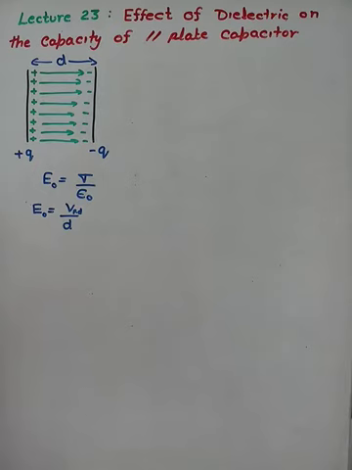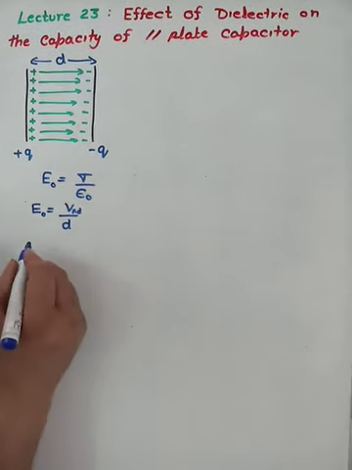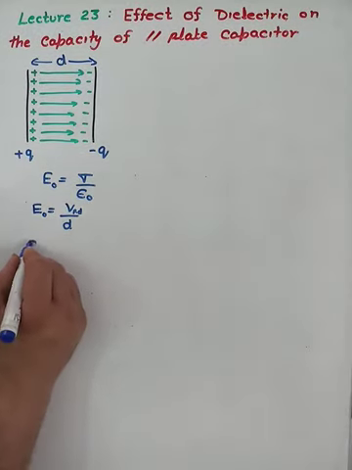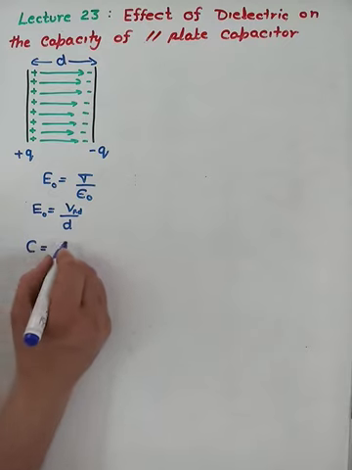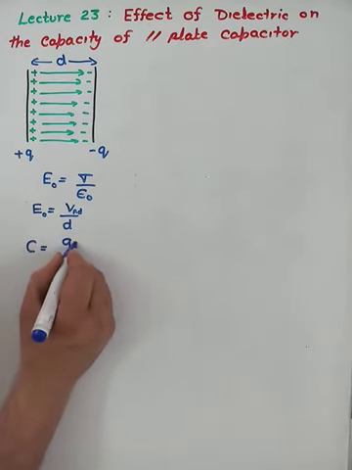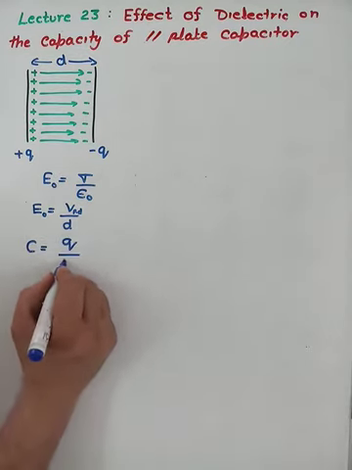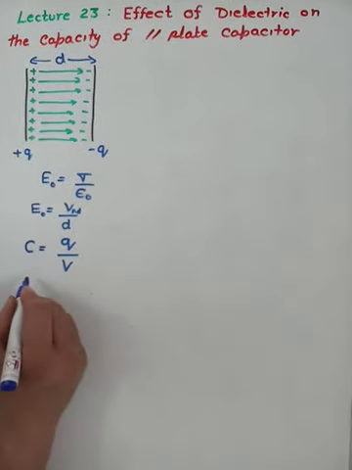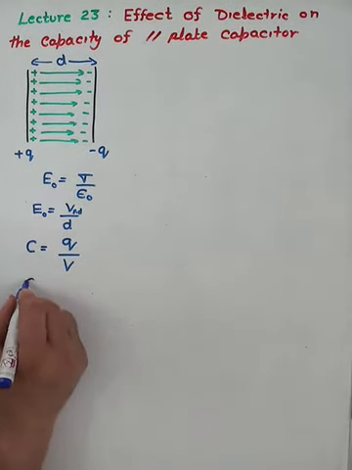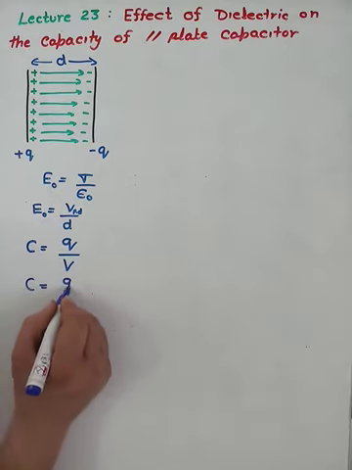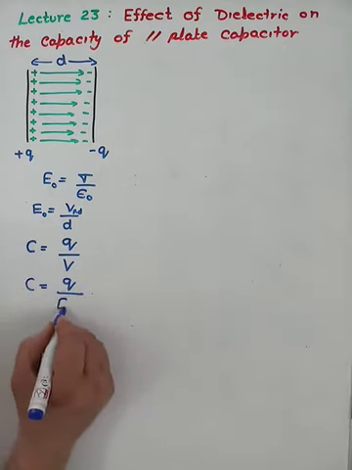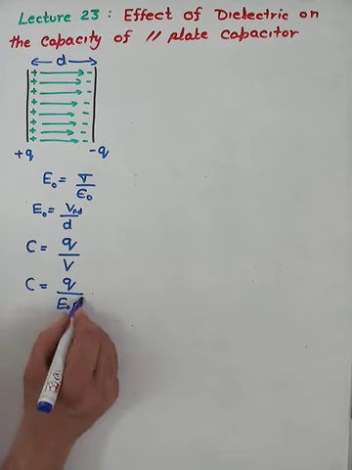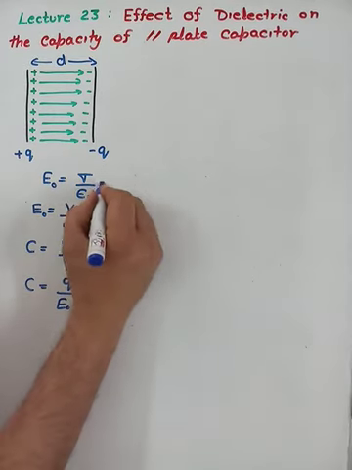Now if we find the capacity, we get capacity C is equal to Q by V. From this we can find the capacity of a parallel plate capacitor. We have done it earlier. V is E into D, and what is E naught?